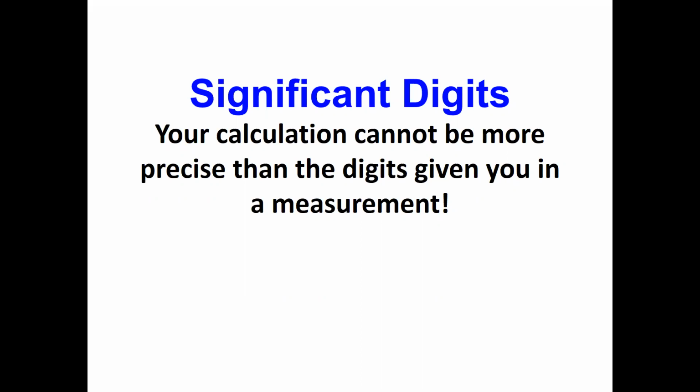So in other words, if I'm trying to find the volume, which is length times width times height, and I say it's 2 inches by 2 inches by 2 inches, I can't then do that calculation and say it's 8.0000. That would infer a very precise answer. I can't have my answer be more precise than the measurements that I started off with. So that's what Sig Figs are about.